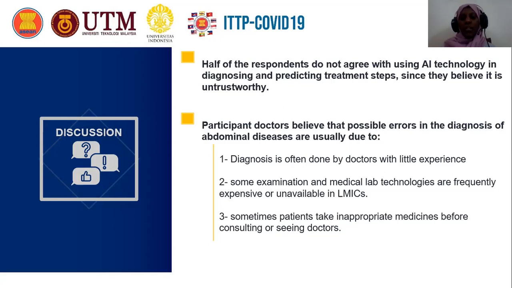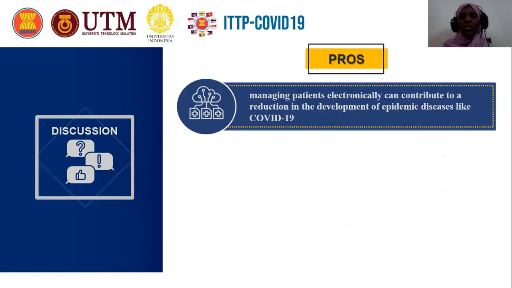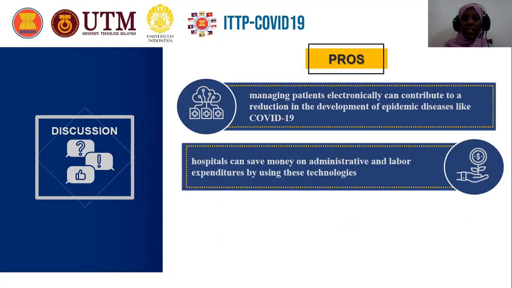In general, most of the participants have a positive perception of the model, because the model has different pros. It can manage patients electronically, which can contribute to a reduction in the spread of COVID-19.